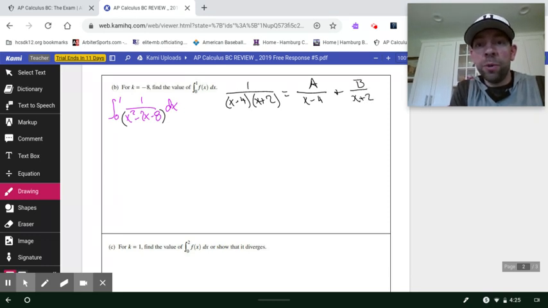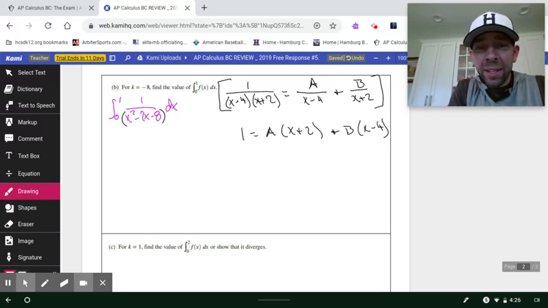Now, to solve for A and B, I'm going to distribute the LCD throughout both sides, and that leaves me with 1 equals A quantity x plus 2 plus B quantity x minus 4. What I like to do from here is pick a number that I want to let x equal. So I'm going to let x equal negative 2.